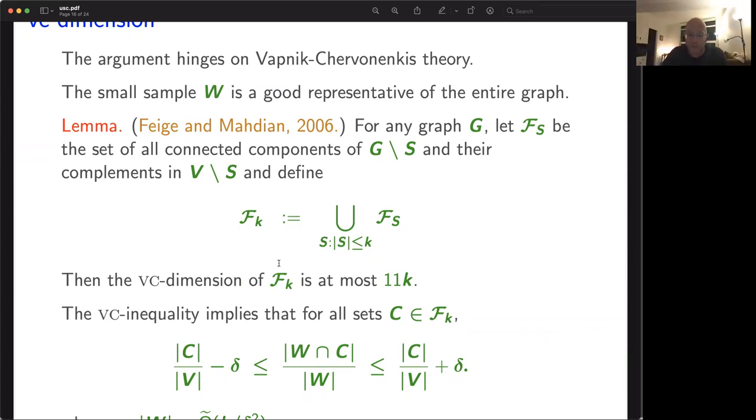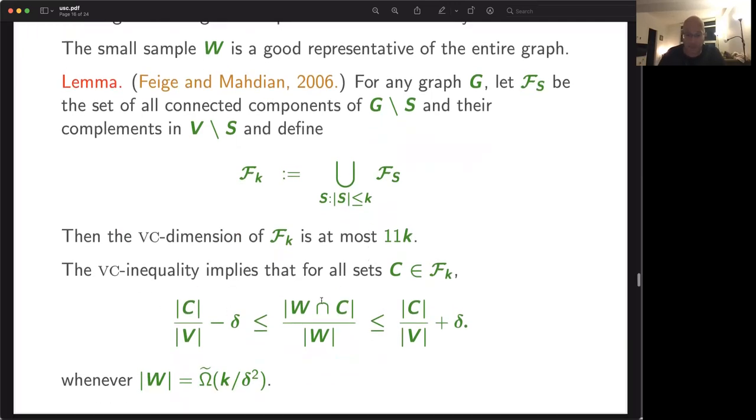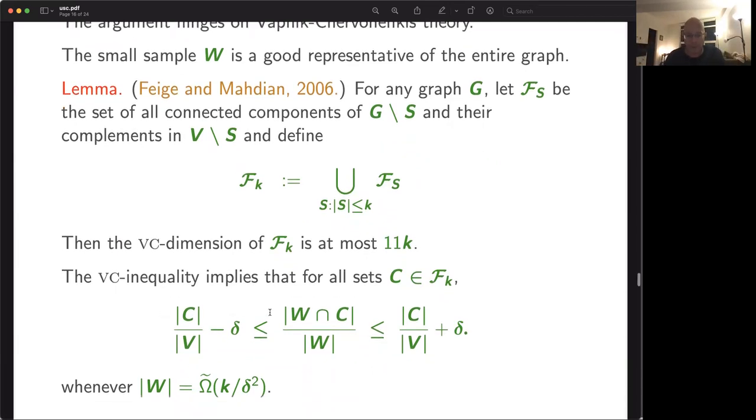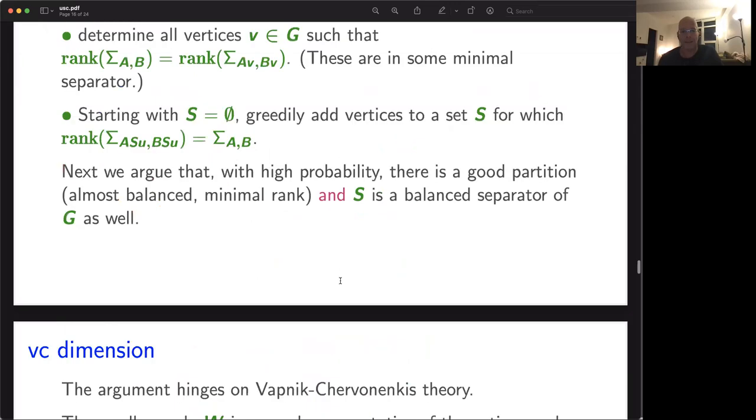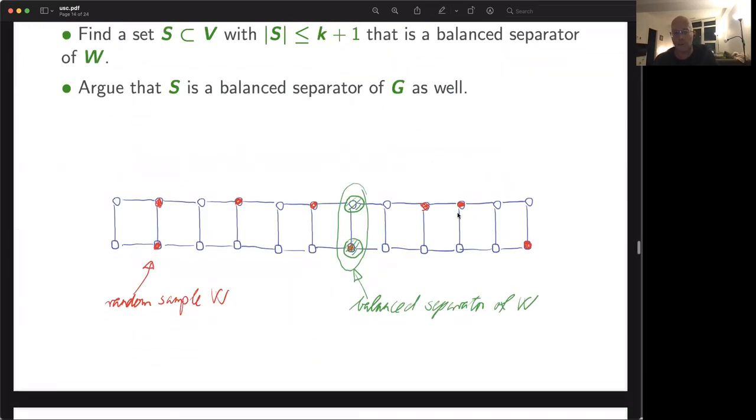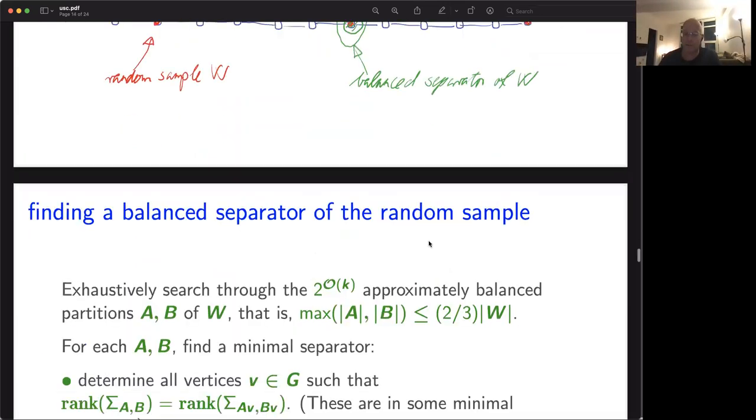Now the VC dimension of this class of sets is linear in k, at most 11k. This is a really nice property, and by the standard Vapnik-Chervonenkis inequality, it implies that by taking a small random set, any approximately balanced separator of the red points will also be an approximately balanced separator of the entire graph.